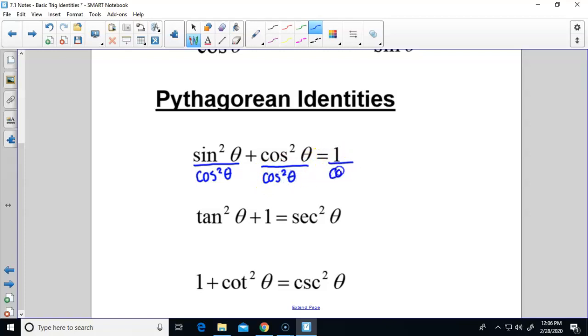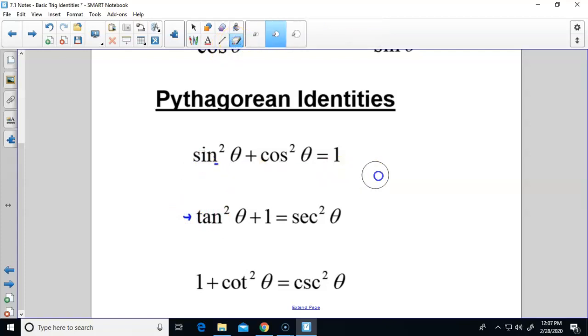Sine squared theta over cosine squared theta is tangent squared theta. Cosine squared theta over cosine squared theta is 1. And 1 over cosine squared theta is secant squared theta. So if we take sine squared theta plus cosine squared theta equals 1 and divide everything by cosine squared, we get the second trig identity here.